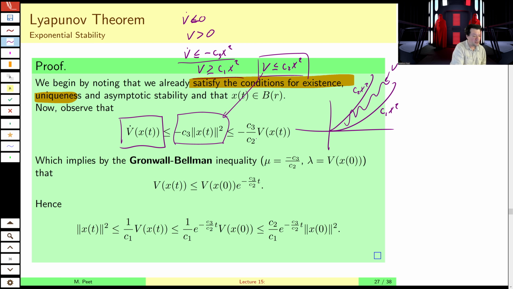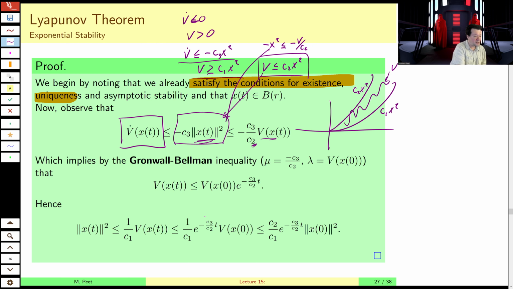The upper bound says that v is less than c2 x squared, but that also means that negative x squared, if we just multiply the whole thing by a negative sign, is less than or equal to negative v over c2. And so we add that condition in here, and we get x squared is less than v over c2.